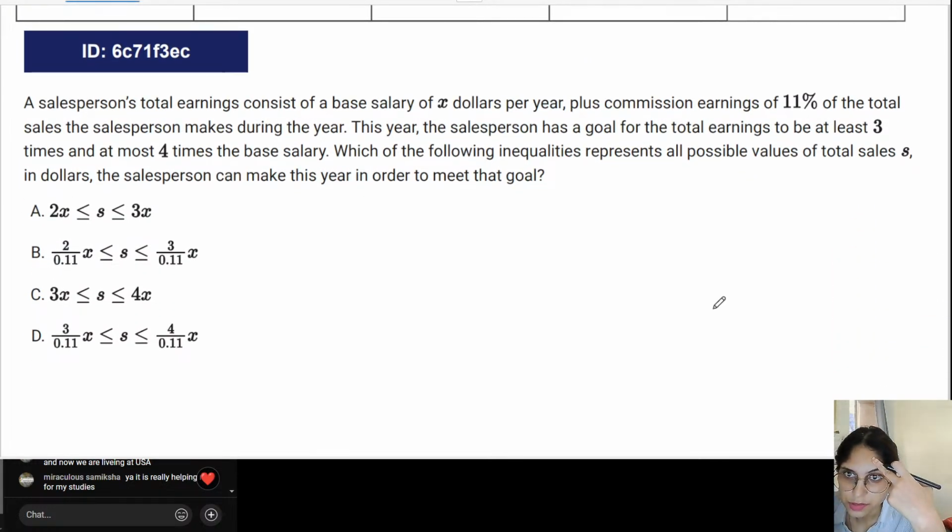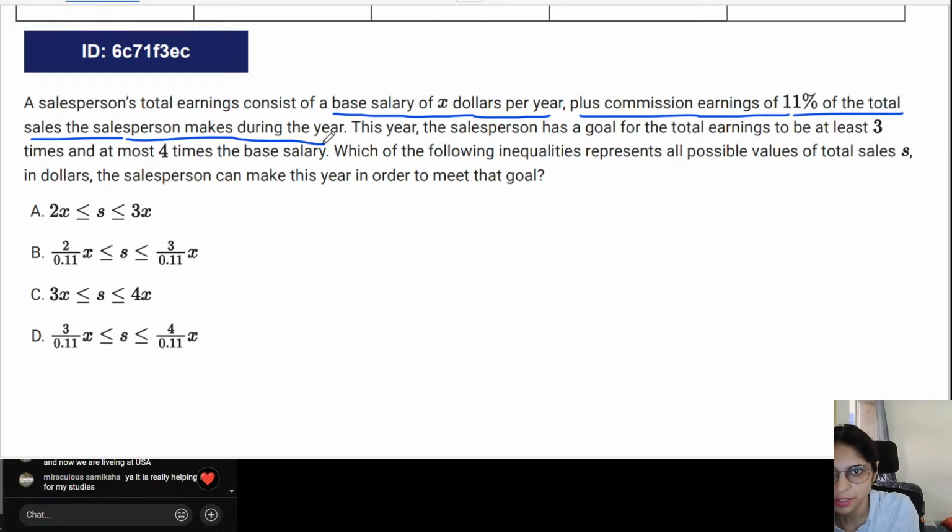So a salesperson's total earnings consist of a base salary of X dollars per year plus commission earnings of 11% of the total sales the salesperson makes during the year.